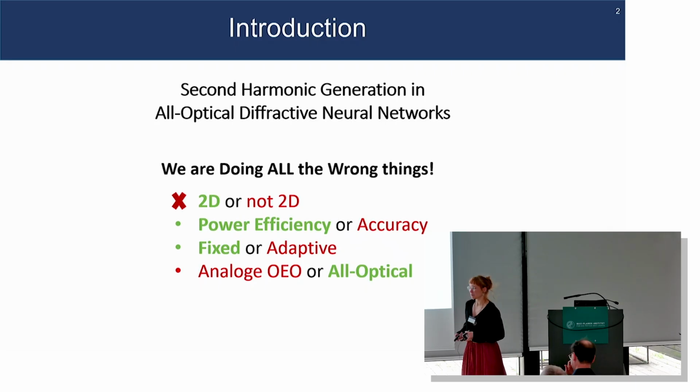We are using second harmonic generation, which is not a very efficient process, so we also failed this. Fixed or adaptive? Well, once in a while one also has to be right, so our system is fixed. And analog, OEO, or all optical? Well, as the title suggests, we are trying to find an all optical solution. So here we failed again.